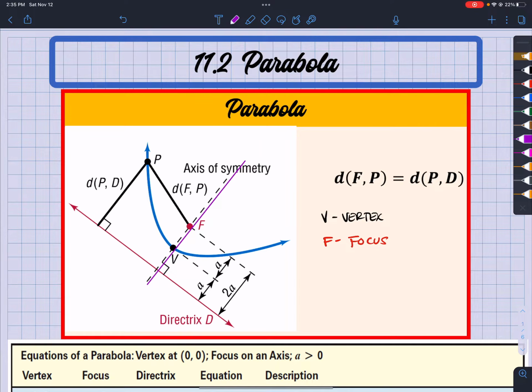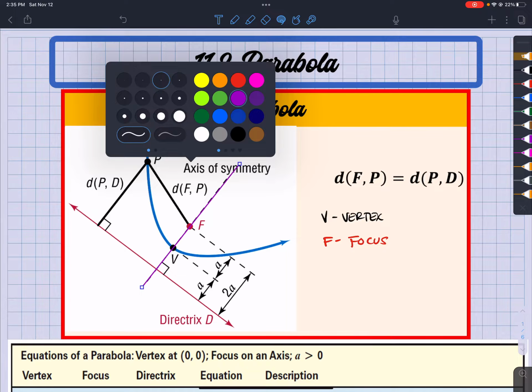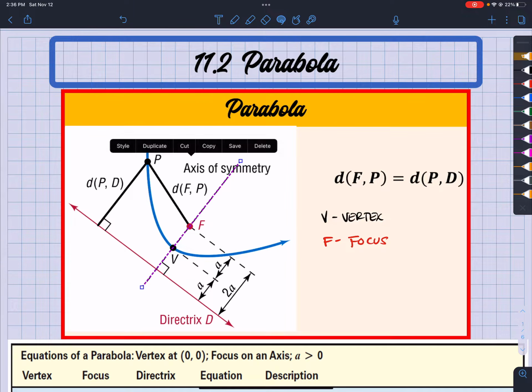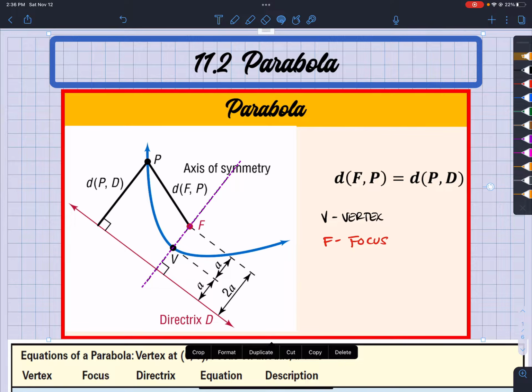Draw it straight here. Let's make it a little bit thicker. And let's make it dotted. Okay, so that is your axis of symmetry. Actually, you know what? Let's do this a little bit longer.